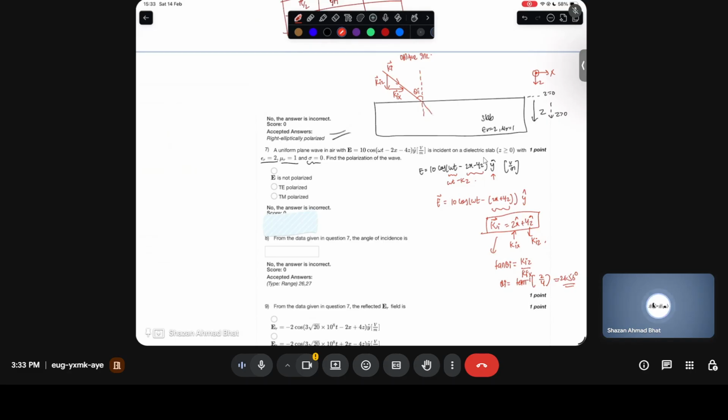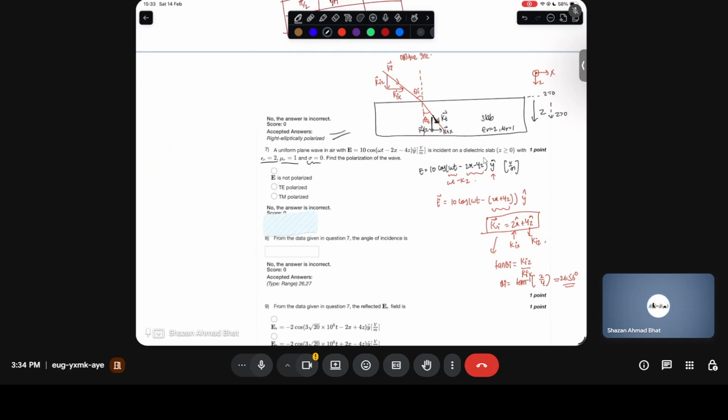Once it hits the slab, it undergoes transmission, or what you call refraction, because it will undergo, let's call this theta transmission. The transmission k will be along this direction. So this will be the k transmission vector, and it also can be divided into two components. It will have a z component, that means ktz, and it will have an x component, that means ktx.